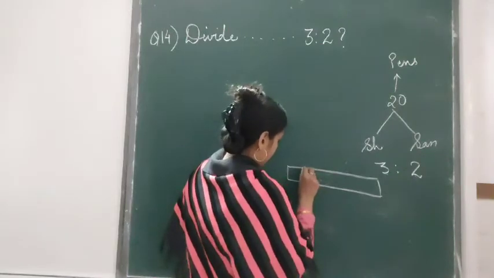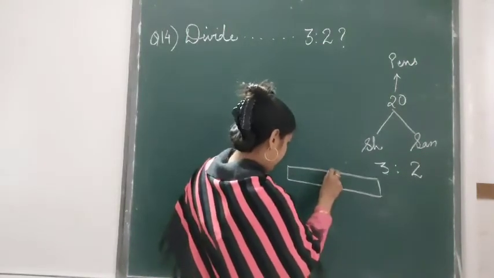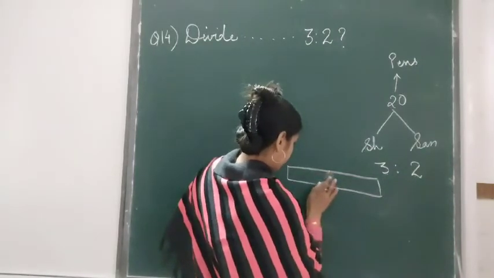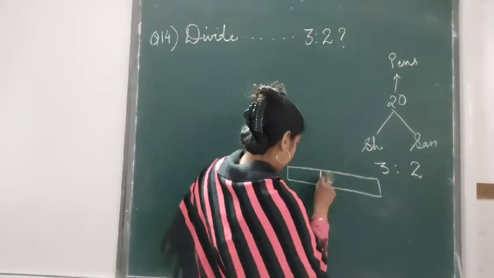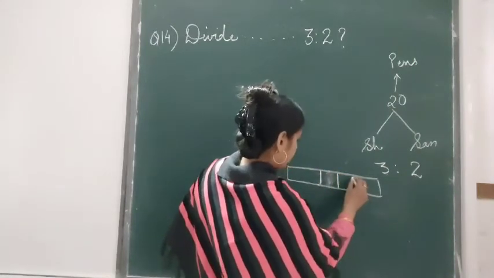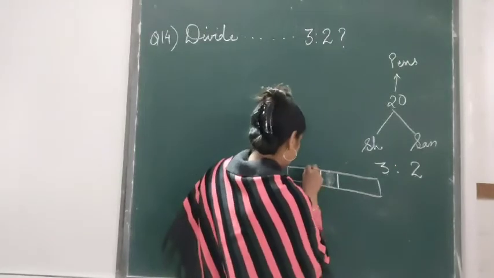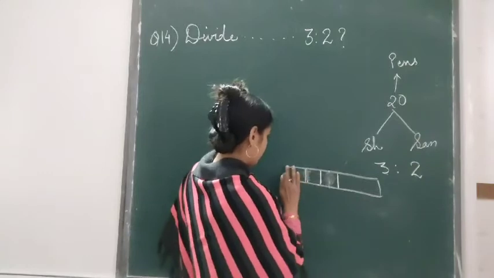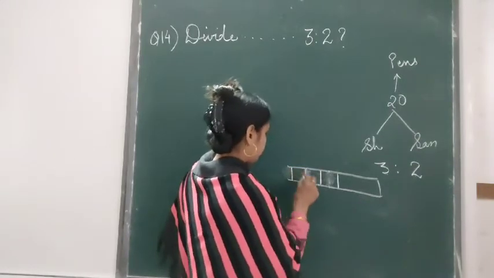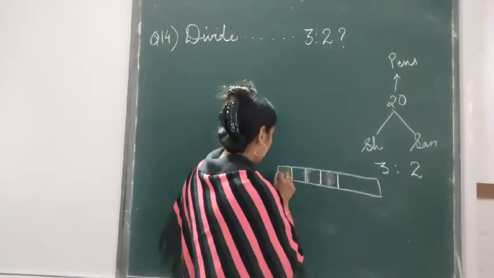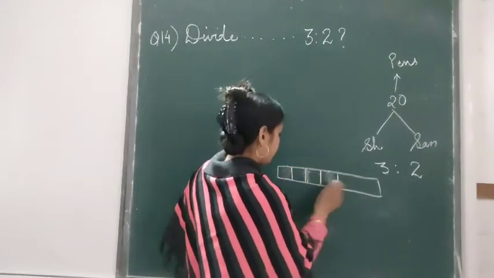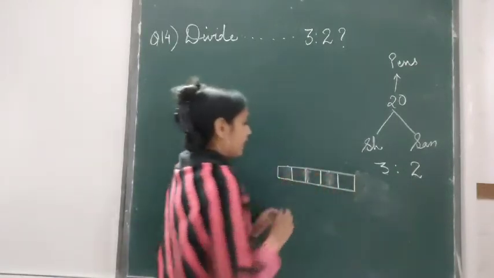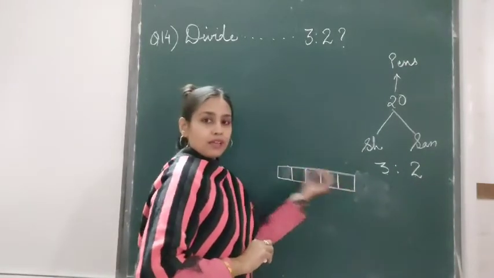That is, if you divide this into 5 equal parts, here, if we divide the pens into how many parts? 5 parts.